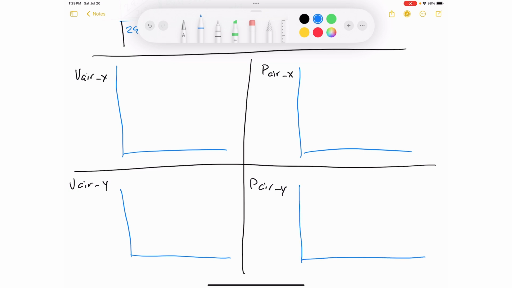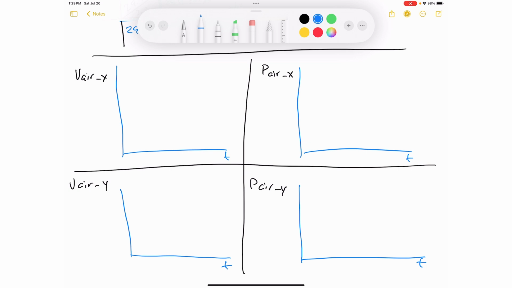When it says velocity, that's in meters per second, and that's a function of time, and your position is in meters, and that's a function of time as well, right? So time is always on the x-axis. Little t for time.